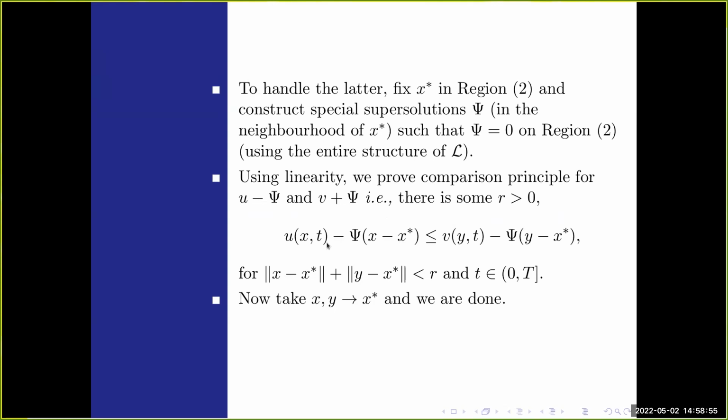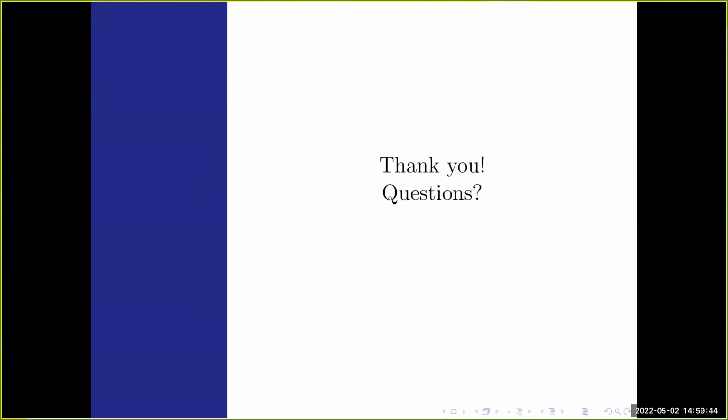Once we prove this, we just take x tending to x star, which would mean that we prove that u of x star, t is less than or equal to v of x star, t, which would mean that u of x, t is less than or equal to v of x, t on the entire region. This gives us the comparison principle that we were looking for. So whatever we did, taking the perturbation, taking its limit, asking for uniqueness of the limit and seeing whether the limit corresponds to a Feller solution, all these things work out, and we get a valid selection procedure. So yeah, thank you.